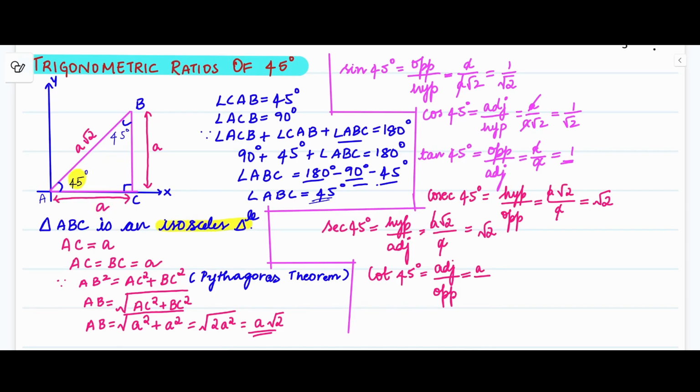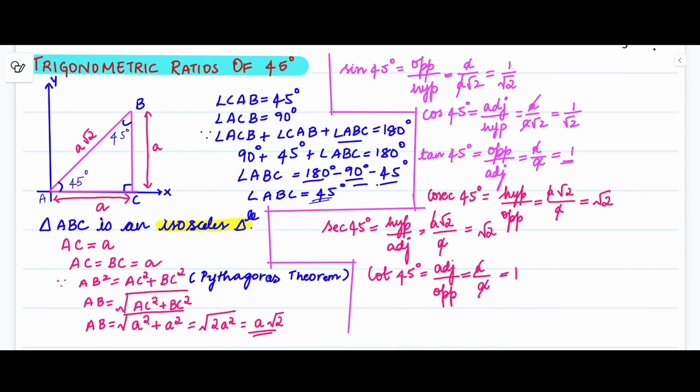The side of the triangle which is opposite to 45 degrees is BC, and it is also the perpendicular side of the triangle. It has a value A. So A divided by A. A and A will cancel out each other. We are left with 1. Here we can see that cotangent theta is the reciprocal of tan theta. Here we are not actually seeing the reciprocal, but it is fine. The reciprocal of 1 is 1, but cotangent theta is usually the reciprocal of tangent theta.